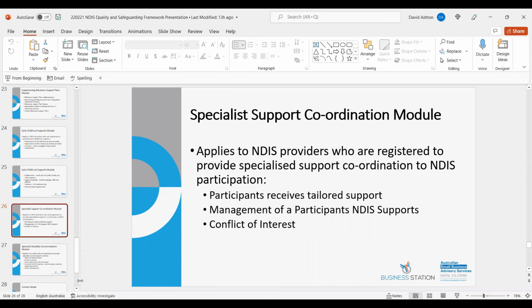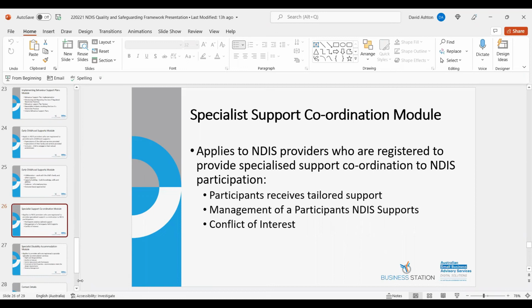So this applies to providers who are registered to provide specialised support coordination. Each participant receiving specialised support receives tailored support to implement, monitor and review their support plans. So again, you've got to develop the support plan, and then you've got to assist the client to understand that, implement it, monitor it and review it.